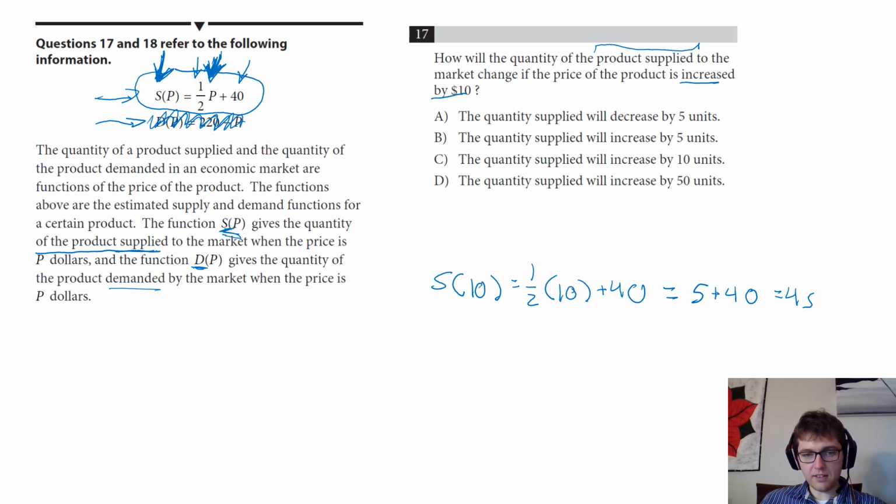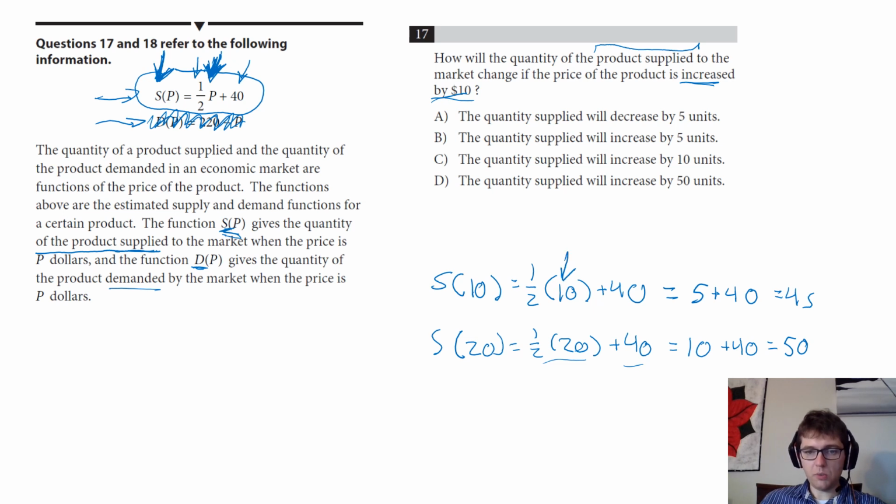Whereas, let's say this was increasing by $10, like they said. So we're now at S of 20. S of 20 is equal to 1/2 of 20 plus 40. In this case, 1/2 of 20 is 10, plus 40. You have 10 plus 40 is equal to 50, right?